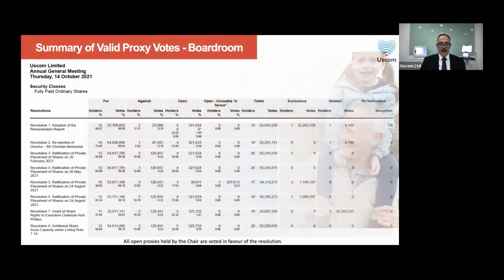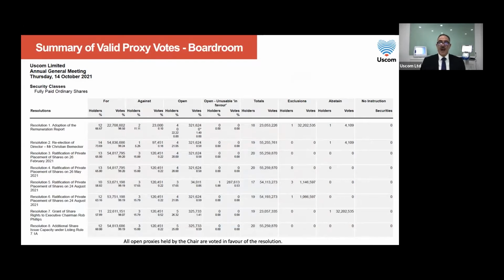And I declare that all resolutions will be decided by way of a poll. The proxies received in relation to each of the resolutions has been compiled by the company's share registrar Boardroom and are now on show on the screen. I now declare the poll open and it will remain open until I close it at the end of the formal business.